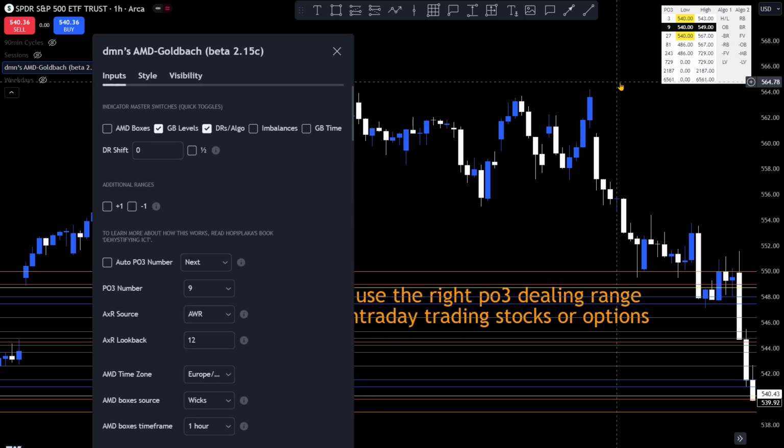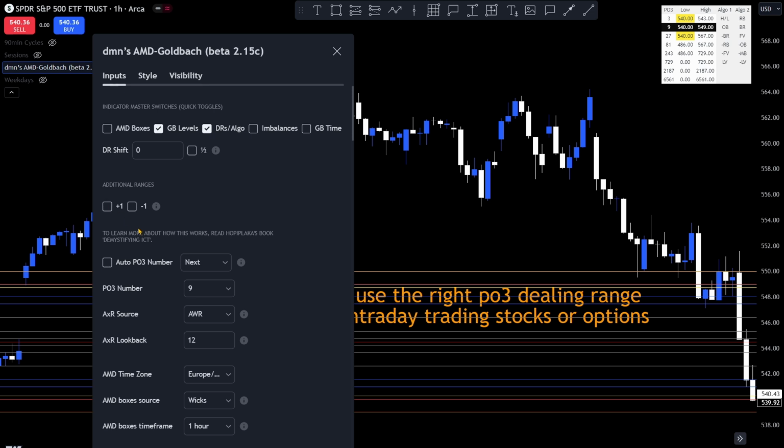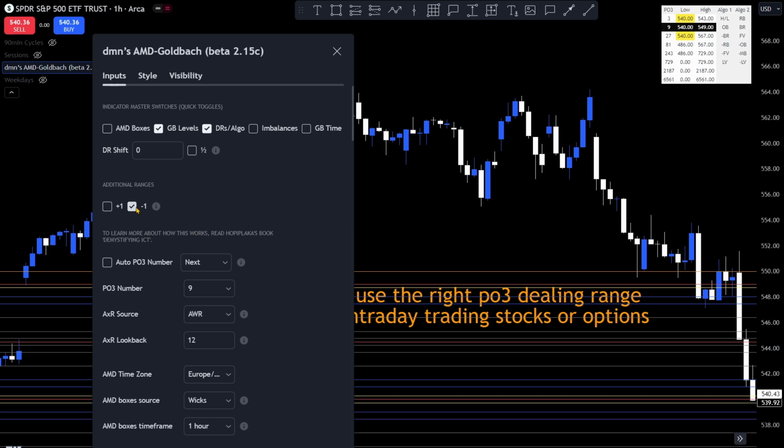And when you see a highlighted price here, that's the power three level or number that I'm using here. Okay, so I'm on the 9, right? So if I need an additional range above me, I can do that. I can take that off. If I need an additional range underneath me, I can do that. And I can take that off.